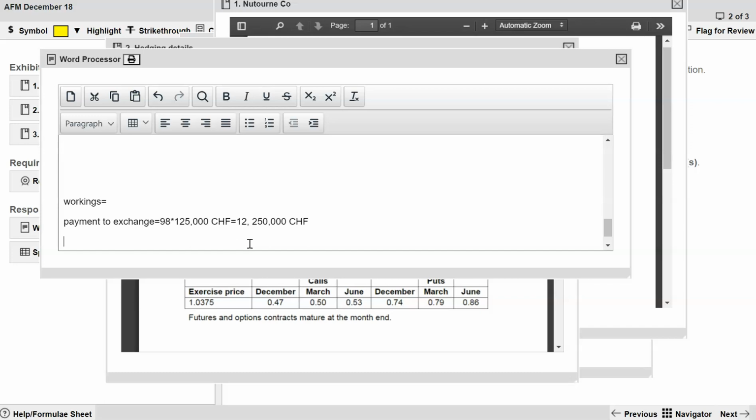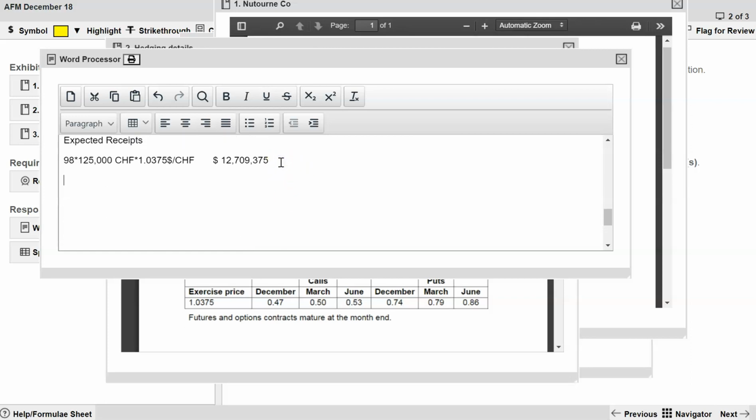But actually how much am I receiving? That is 12.3 million CHF. So the unhedged amount will be 50,000. We have already calculated this amount. There is no need to do this working again.